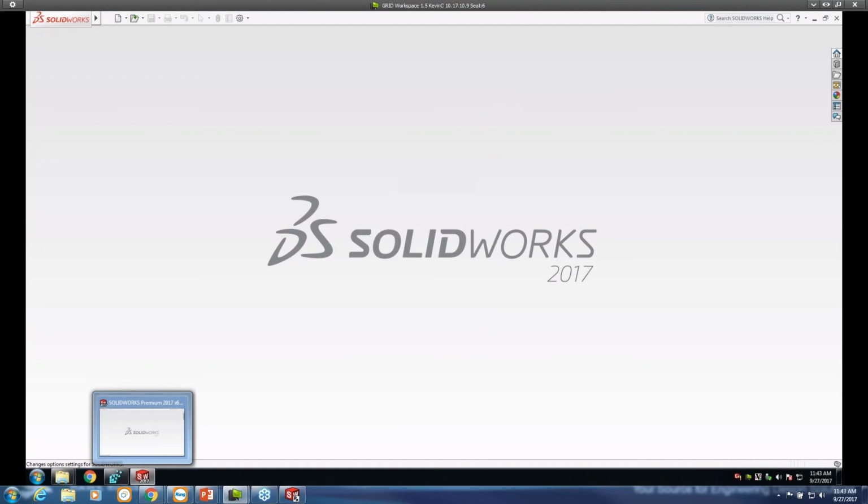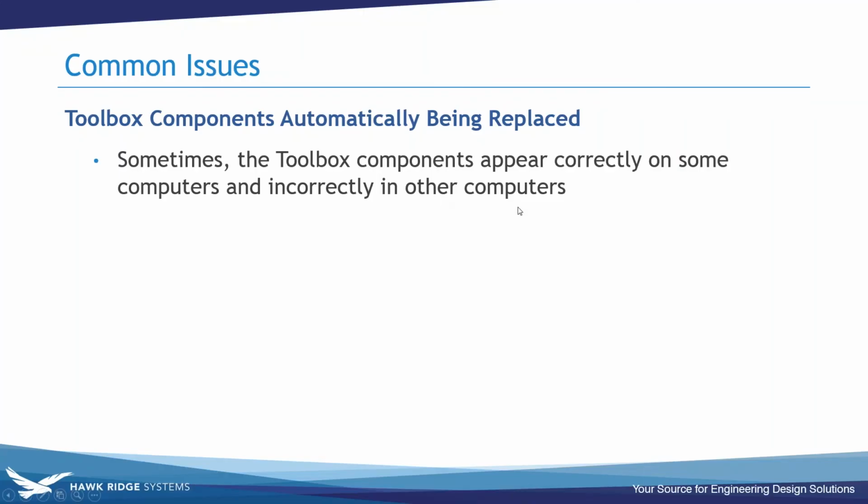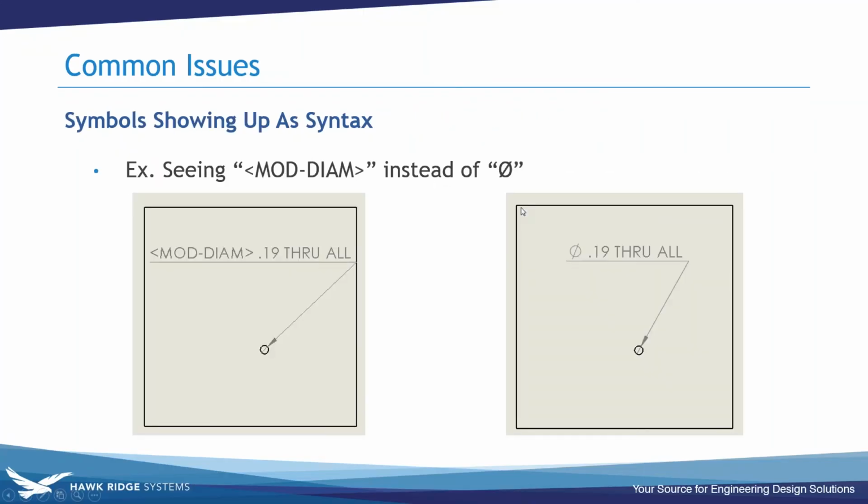So one more thing that I want to go over here for the next issue. This is another issue that we do see fairly often, when the symbols show up as syntax. Basically the syntax will display instead of the symbols.